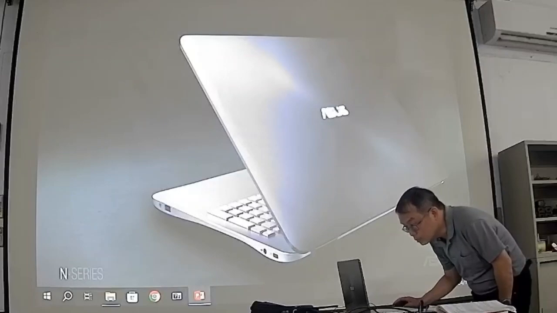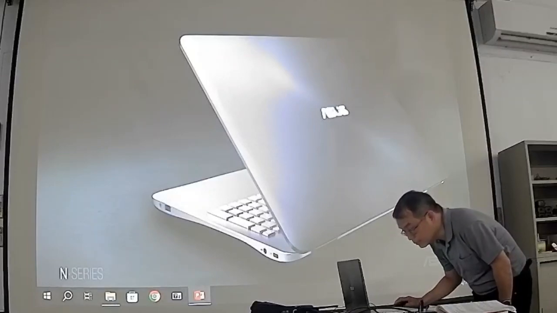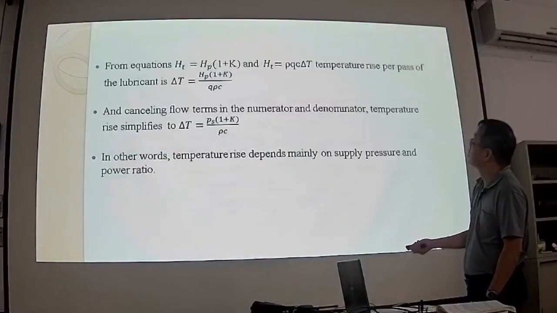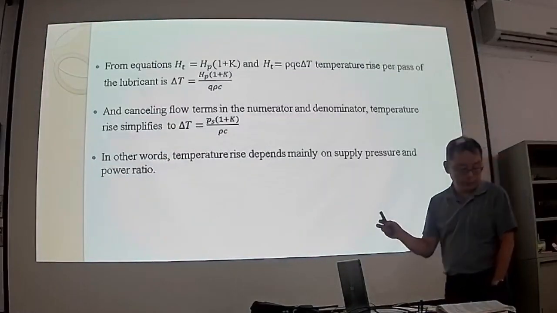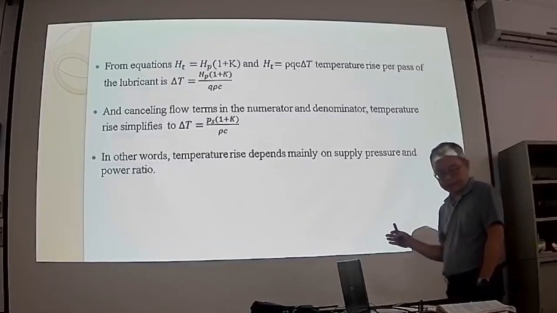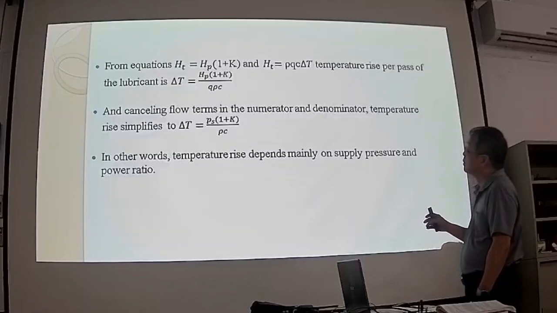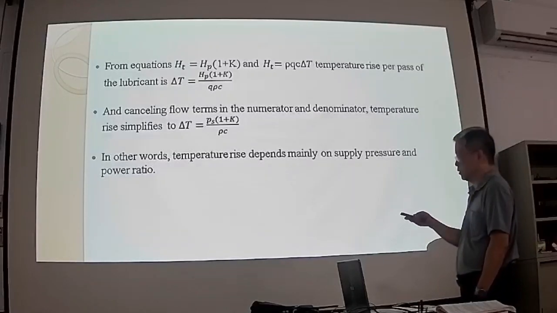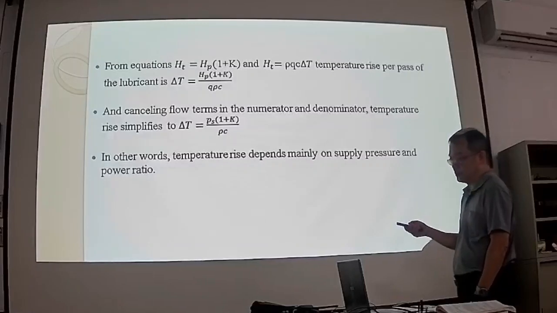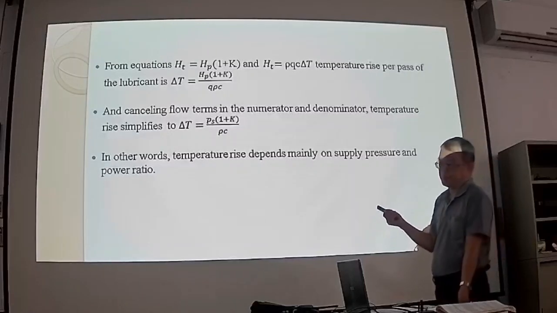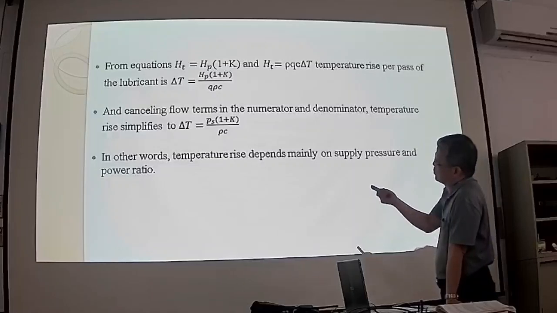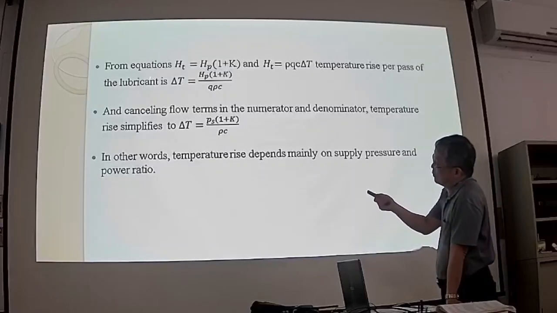We also have an equation to estimate or calculate the temperature rise if we don't have any cooling system for the hydrostatic bearing. We can estimate the worst case temperature rise for the lubricant using this formula.